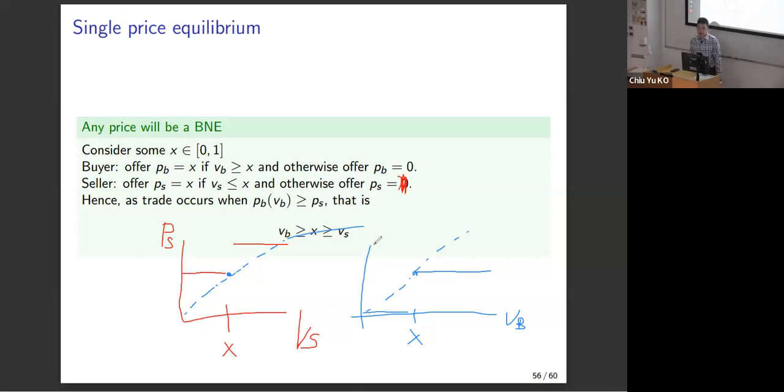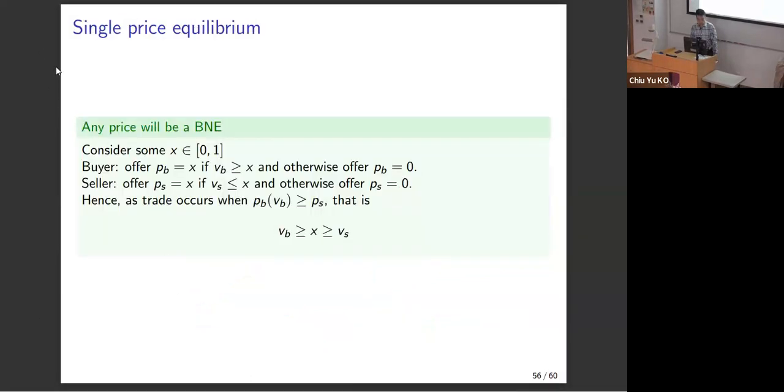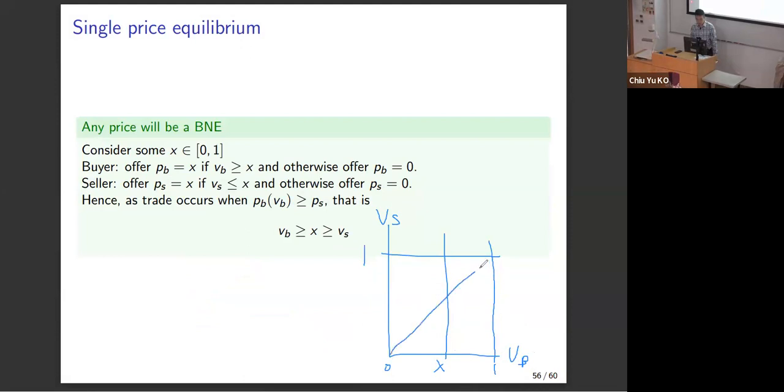Is that clear? So, do I have the graph here? I don't have a graph here. So you will see when you get a trade, suppose this is VB, this is VS, right? The trade only occurs, suppose this is X, from 0 to 1 here. The space is only this, 0 to 1 here. So the trade will occur. This is the 45-degree line here, right?